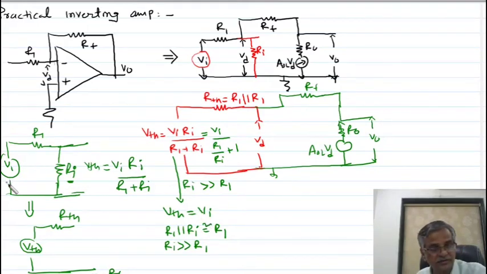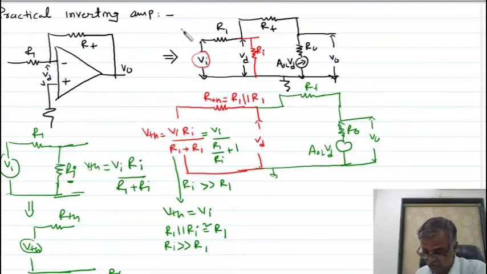Now to calculate RTH, this is to be short circuited. This is to be short circuited means I have to connect like this and calculate RTH here. When you calculate the RTH at this point, these two are in parallel, that I have written here. So I think you understand how to calculate this RTH and VTH.